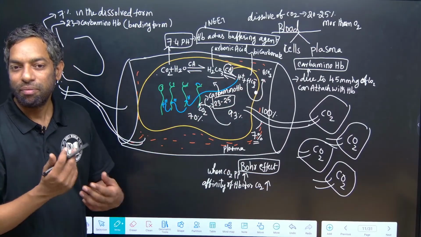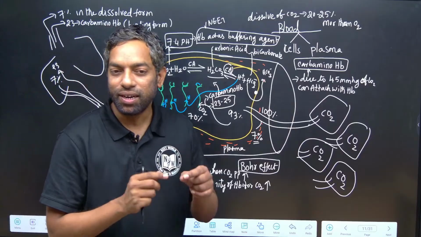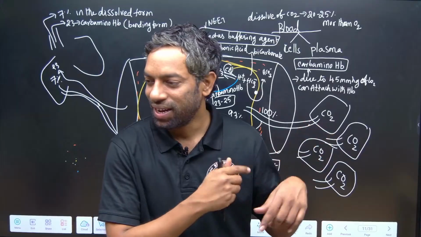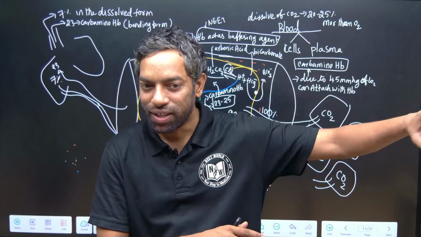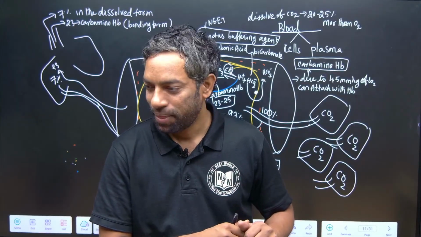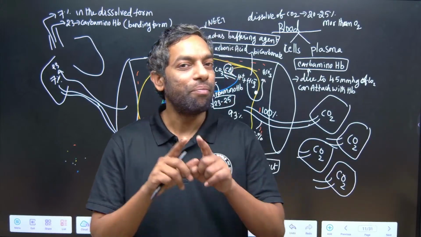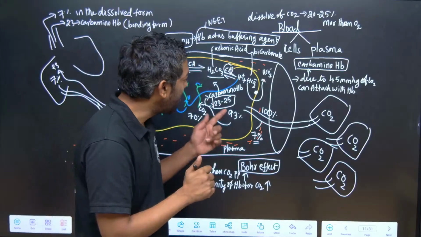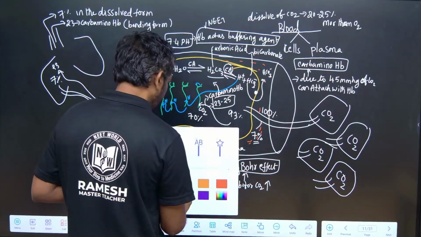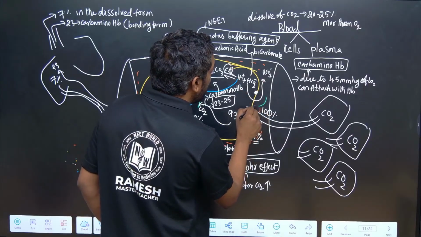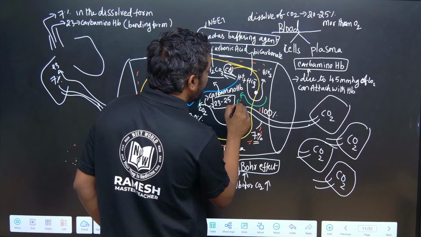In this condition, the electrical balance is going to change. Negative ions leave the RBC. In this condition, chloride ions from the plasma reach the RBC.